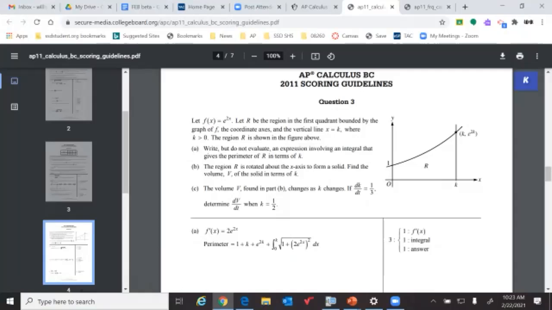What's the length of the curve? You take the derivative of e to the 2x, which would be 2 times e to the 2x. It's e to the u. The derivative of e to the u is e to the u du. You have 2 times e to the 2x. Square that. That's under the root sign with 1 plus that from 0 to k. That whole thing is worth 3 points.